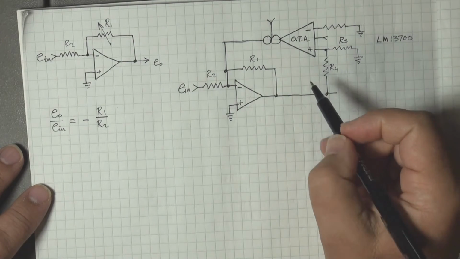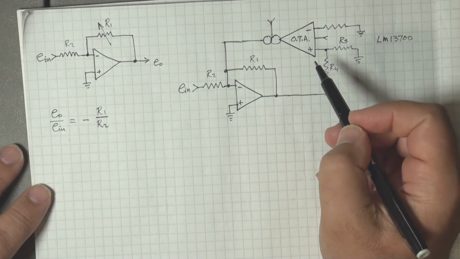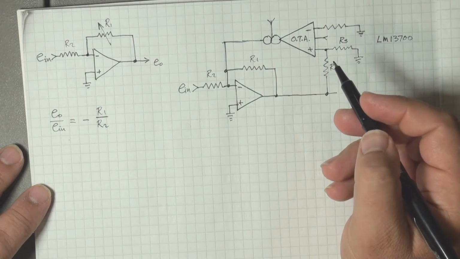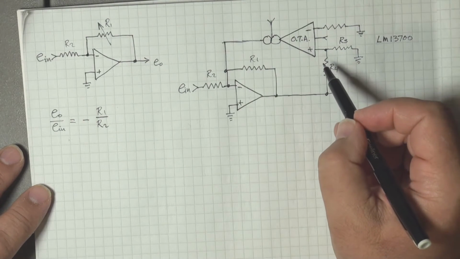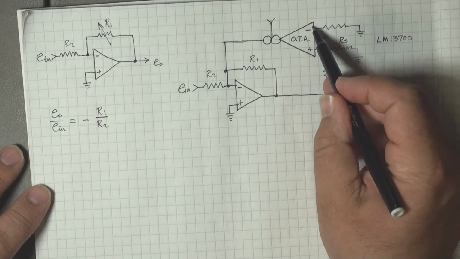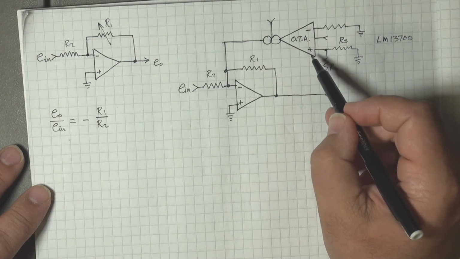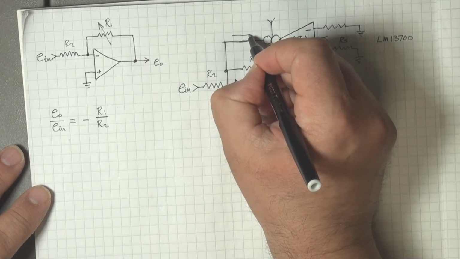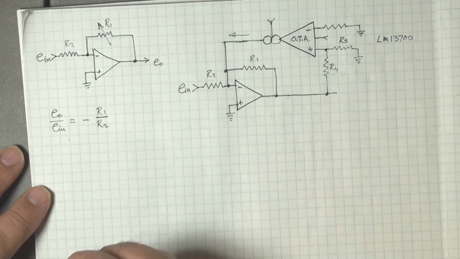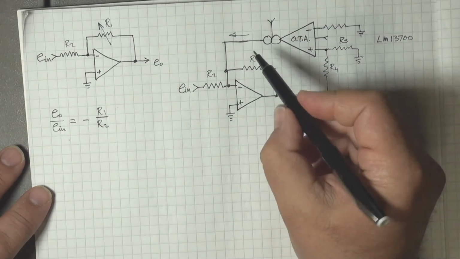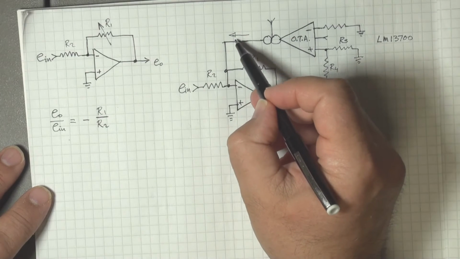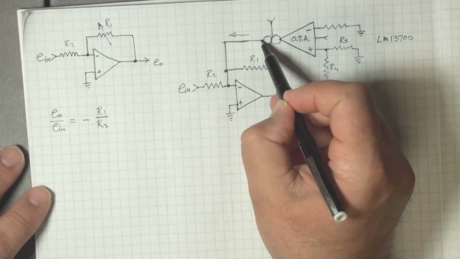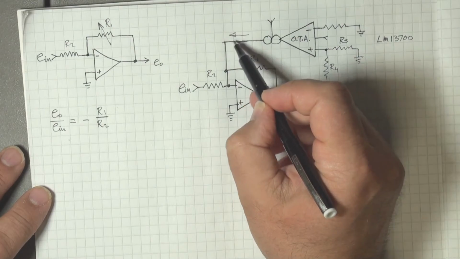So the output of the OTA is a signal proportional to the difference of the voltages between the inverting and non-inverting input, but it's not a voltage, it is a current. So it produces a current that is pretty much independent of any resistor you place in the output path here.